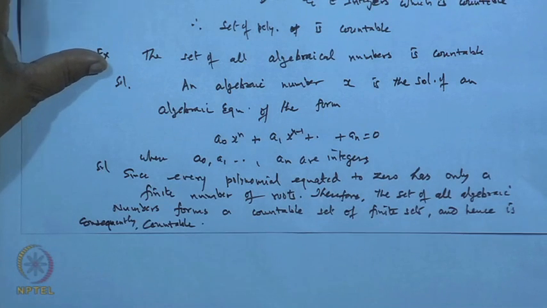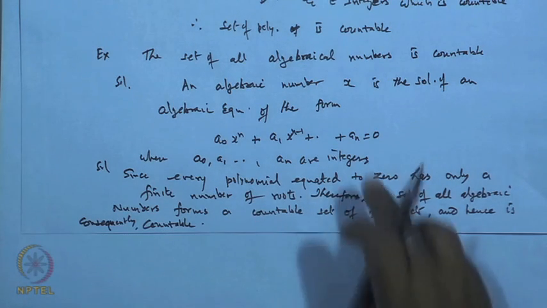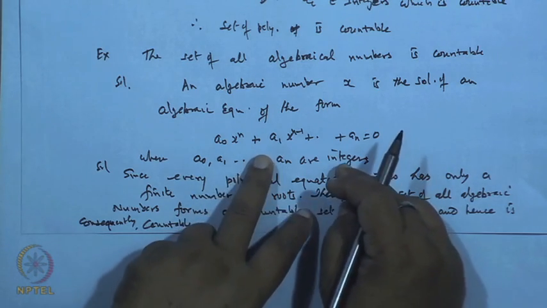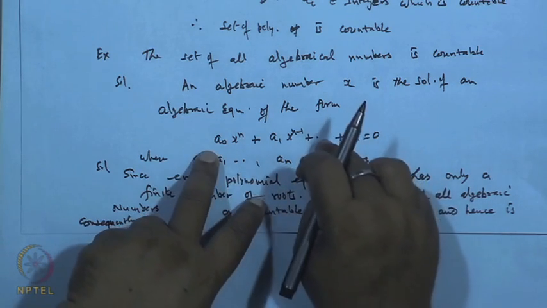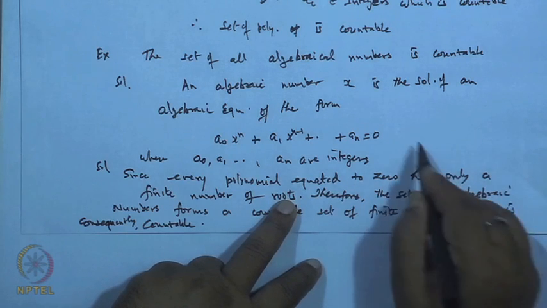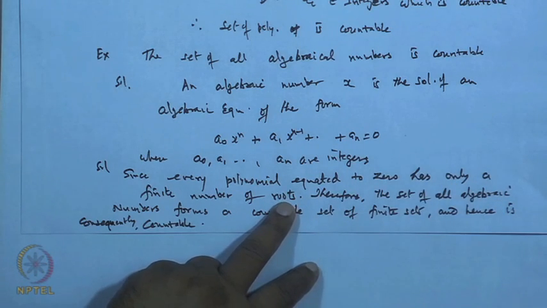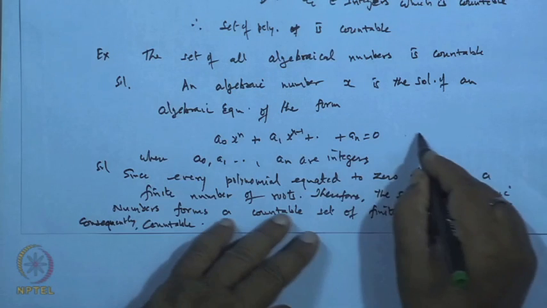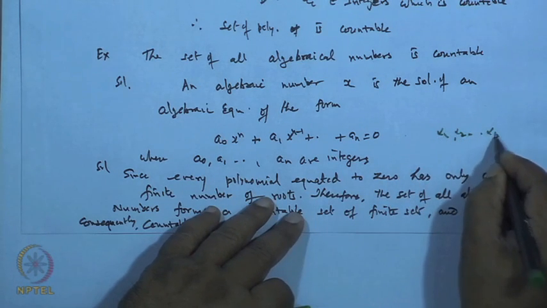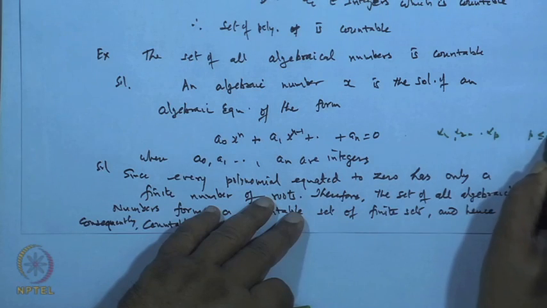When you find the roots of this polynomial, you get finitely many roots, at most n. So basically each equation corresponds to its roots. We can say this equation has the roots alpha 1, alpha 2, up to alpha p, where p may be less than or equal to n.